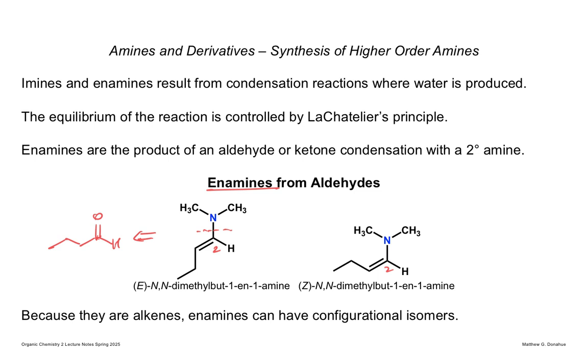Then the amine, nitrogen, 2 methyl groups, and then an H. So it's a secondary. So you see what the issue is. There's only one H on that nitrogen. We have an H, we have an O, so where does the other H come from to get water?